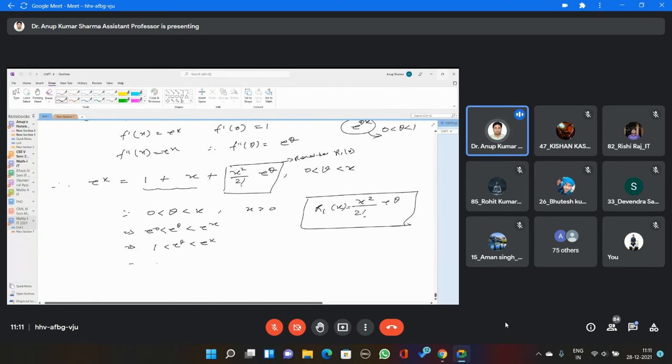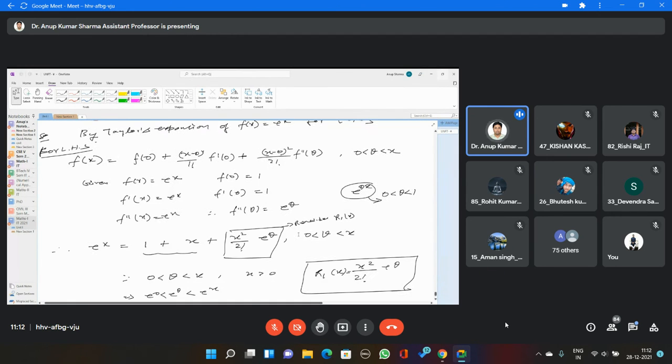And we know that 1 is less than e to the power theta, less than e to the power x. No, we should not write sin x here. Now we are adding to both sides the terms which are included, 1 plus x.